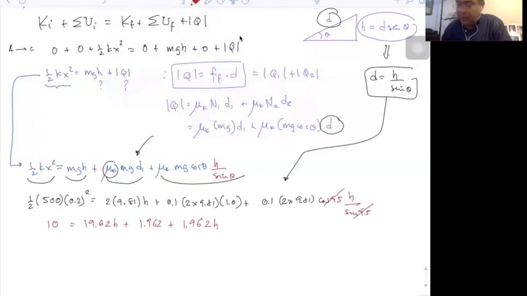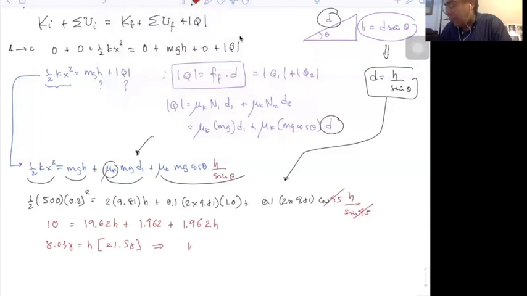And solving for h very carefully, you get 8.038 has to be h times 19.62 plus 1.962 to get a number, 21.58.